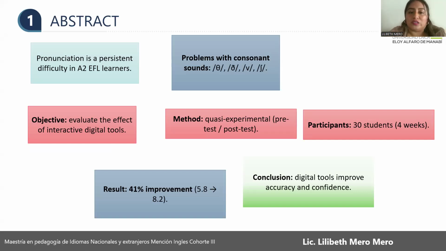In this study, I discern a clear problem: persisting pronunciation difficulty among A2 EFL learners. I identify specific problems in the production of the following consonant sounds. For example, the first symbol represents the sound as in "sling". These are voiced sounds which emit vibration in the throat.